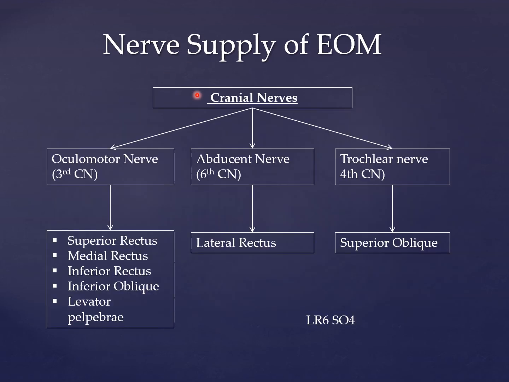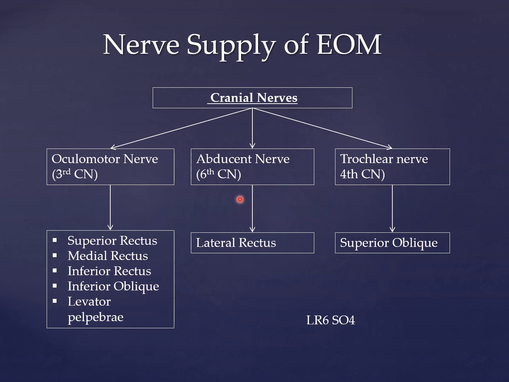Now the nerve supply of extraocular muscles. Three cranial nerves supply the extraocular muscles. They are the third cranial nerve, that is the oculomotor nerve, the sixth cranial nerve, that is the abducent nerve, and the fourth cranial nerve, that is the trochlear nerve. All the extraocular muscles are supplied by the third cranial nerve except lateral rectus and superior oblique.